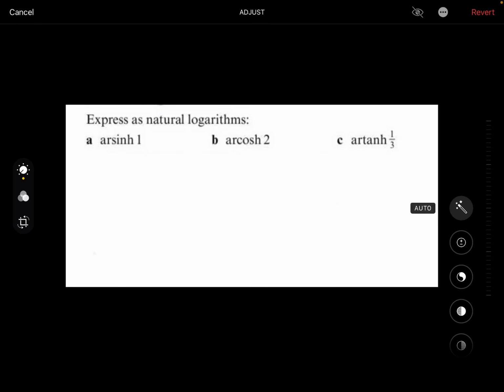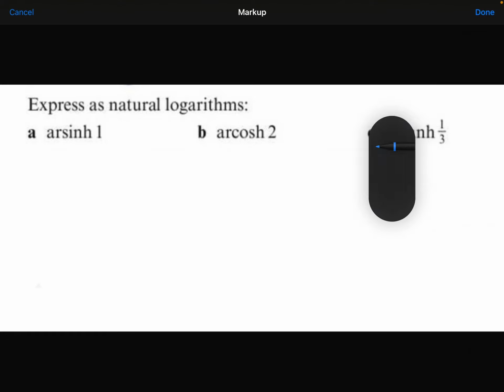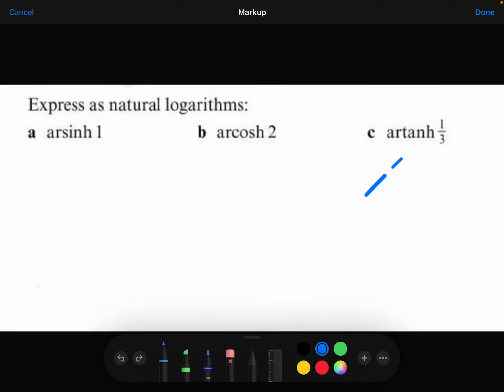And final thing for this video. Just a couple, 3 examples of actually using those definitions to substitute some values in. So I want to express as natural logarithms, so in terms of ln, r sinh 1, r cosh 2, and r tanh 1/3. So r sinh 1, let's use the definition of r sinh for this.